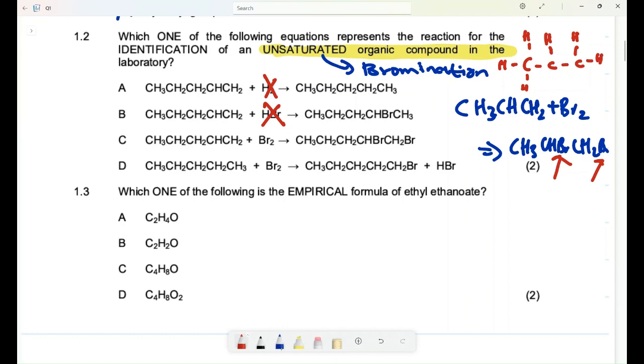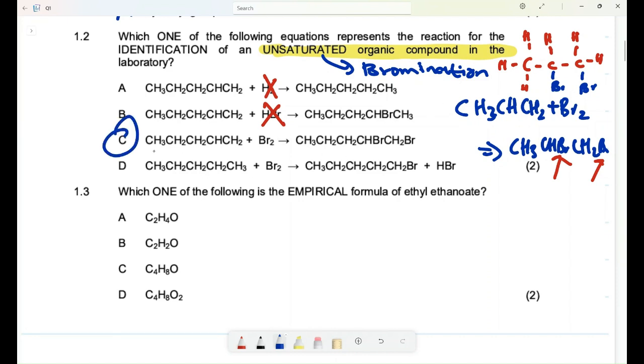Can you see that there are bonds that are left there? So that's when Br comes in. This is what we call an unsaturated compound, because the other compound that is added will fit exactly as it fits there. So C is the correct answer.